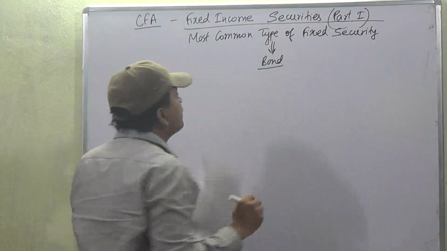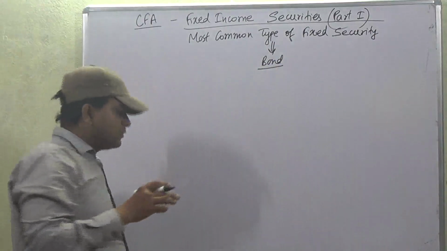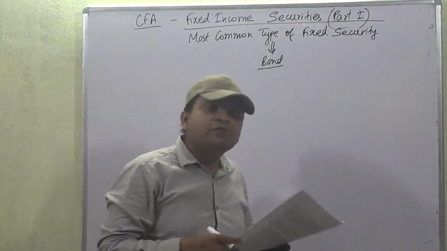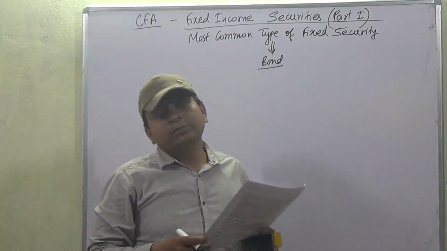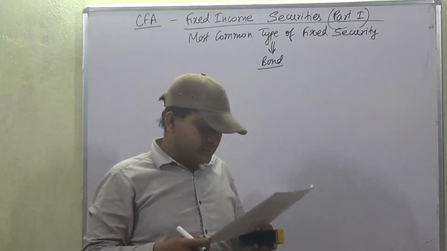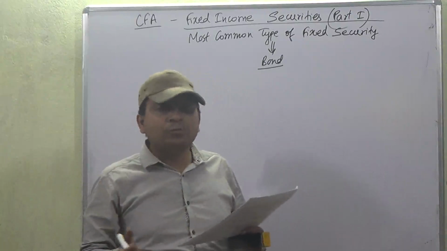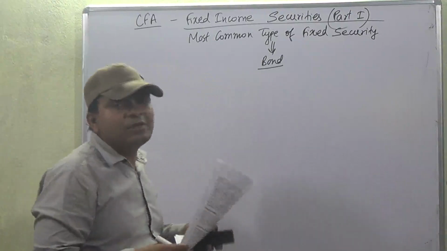Got the point? It is bond. So a bond basically promises to pay you fixed interest over a certain period of time, and also promises to repay your principal amount at the time of maturity.